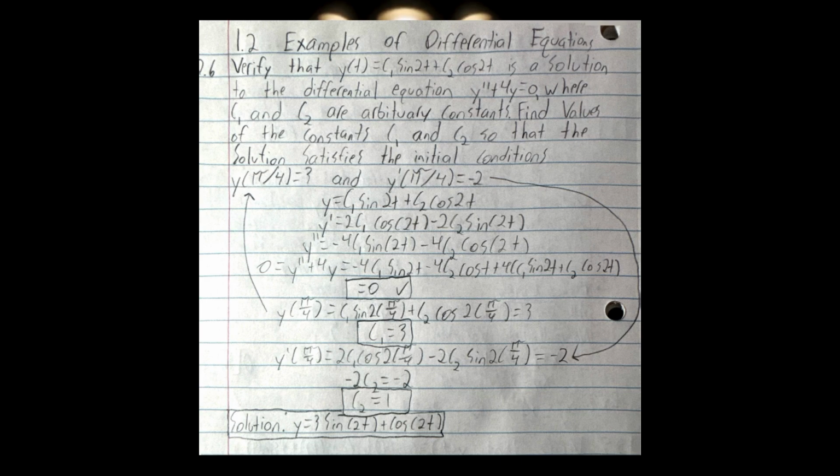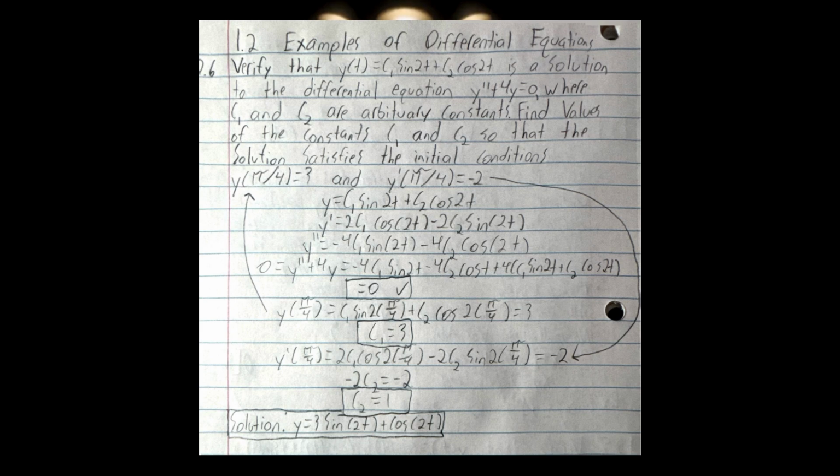So now how do we find the values of c1 and c2 in this problem? Well, it's actually simpler than you realize. We are given that y of pi over 4 equals 3, and we already have a y equation. So we're just going to simply say y of pi over 4 equals c1 sine 2 times pi over 4 plus c2 cosine 2 times pi over 4 equals 3.